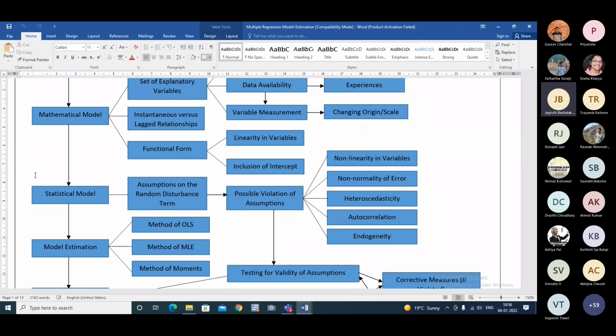But interesting part here is that there may be possible violations of the assumptions of the random disturbance term. So I'll discuss in detail what are the assumptions that we make about the random disturbance term and what may happen if these assumptions are violated.